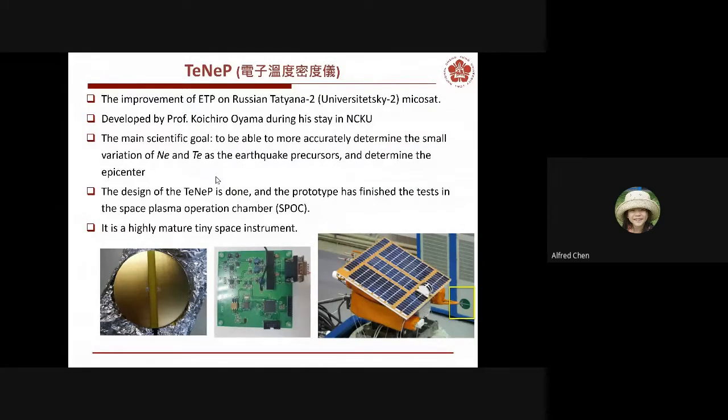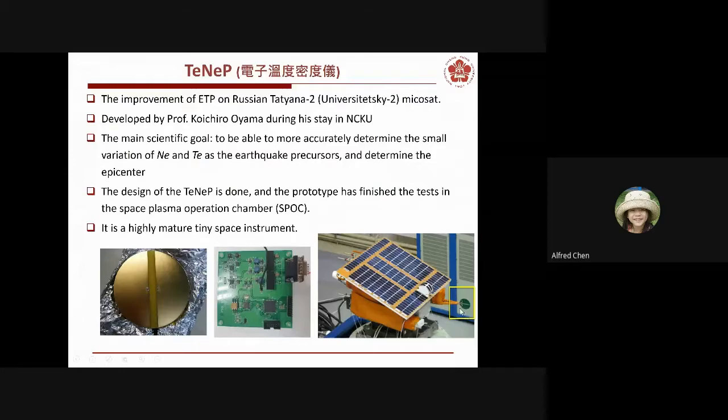But we can use this instrument for global monitoring and other scientific objectives. The design of the TNAP is done, and the prototype has finished the test in our space plasma chamber. I will show the picture later.